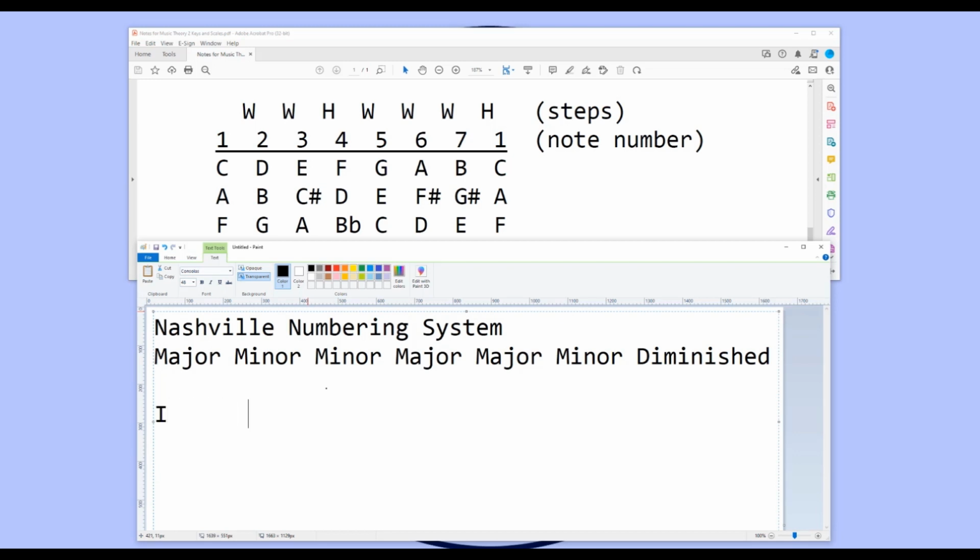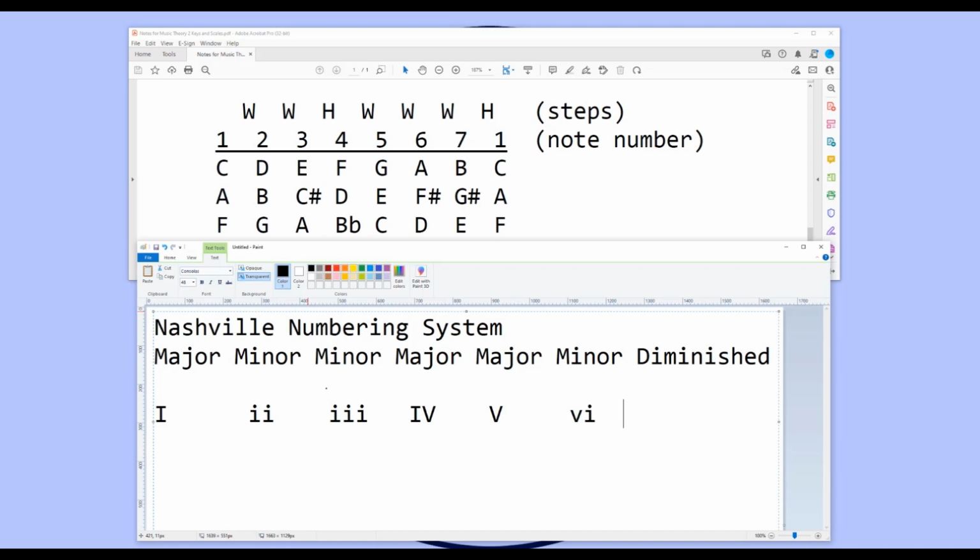Minor chords use little letters. So the two chord is a little ii. The third is iii. Gotta hate it, right? Major chords use capital letters, so I'm going to use IV for 4, capital V for 5, little vi for the minor 6, and the diminished is even worse.